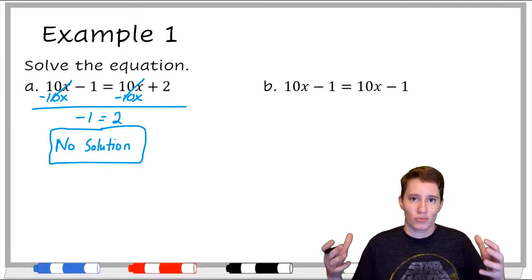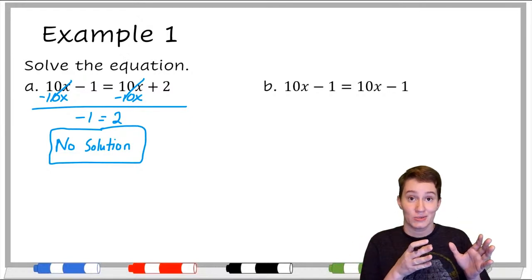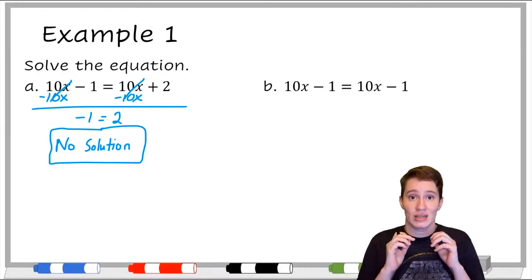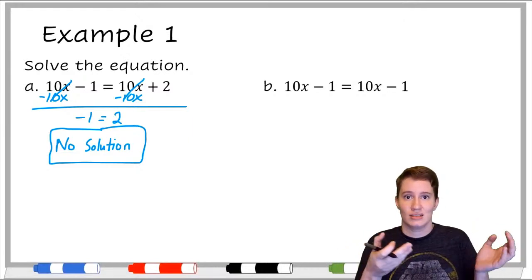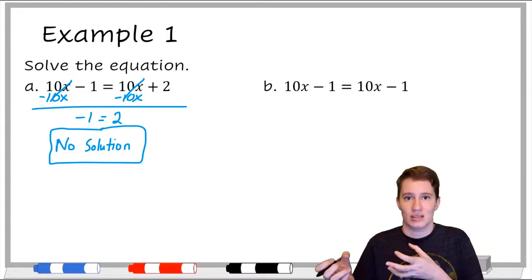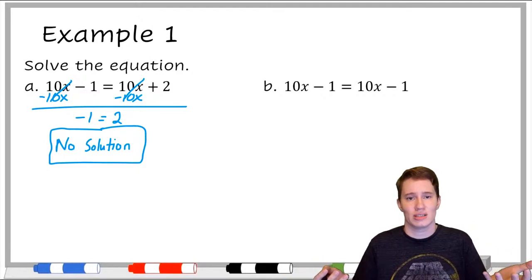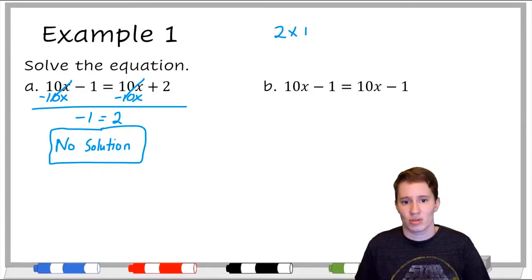But also, if we're really paying attention, we can say, okay, wait, if I have 10x minus 1 equals 10x minus 1, if I pick any number I want, doesn't that have to be true? 10x minus 1 will always equal 10x minus 1. And it's not so obvious that they're equal in a normal equation. Let's say we have 2x plus 3 equals 7.